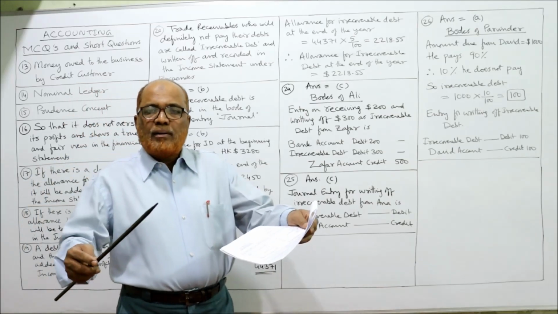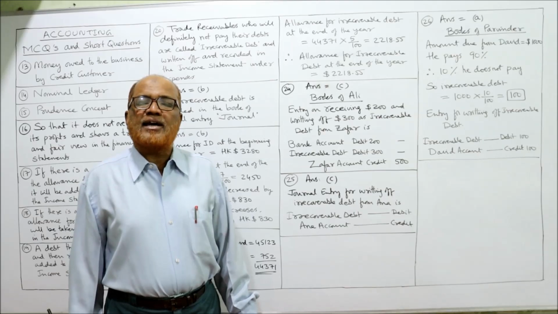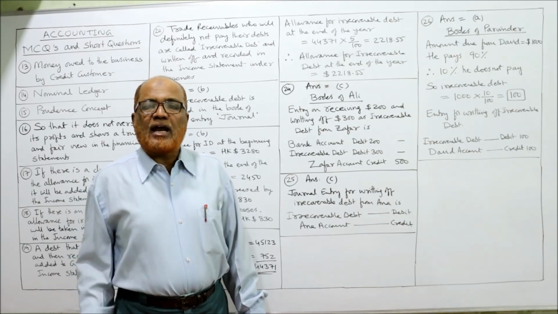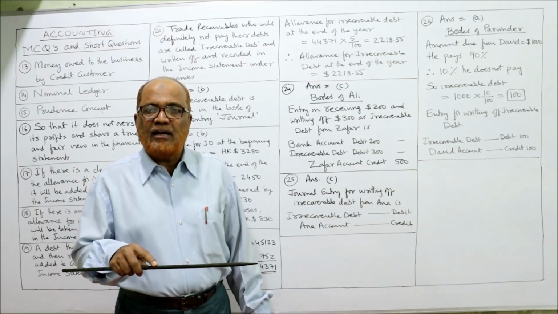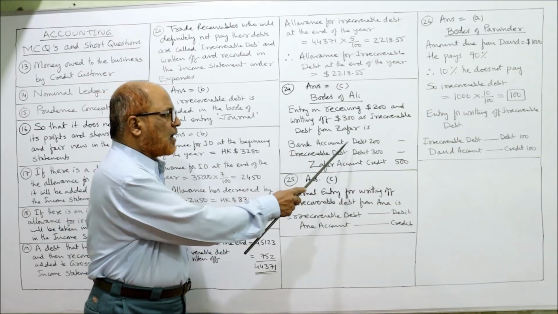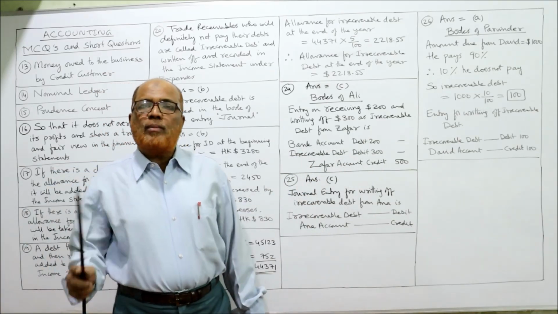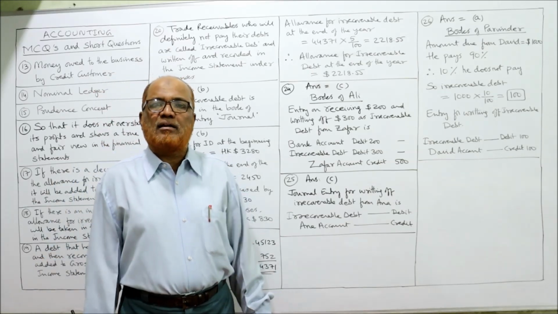So first of all, money is coming. When cash comes in, cash should be debited. Ali is getting $200 from Zafar, so bank account debit 200. How much is he not receiving? Irrecoverable debt, 300.